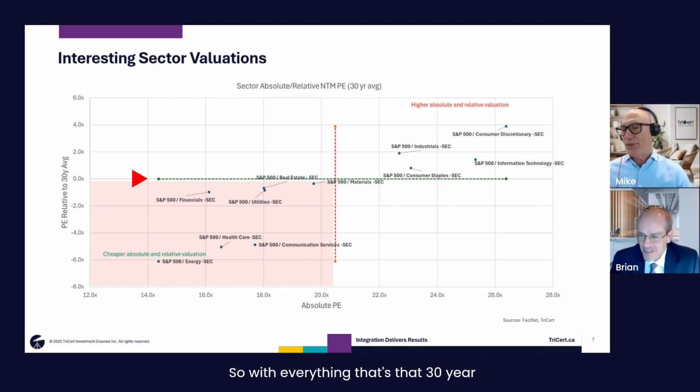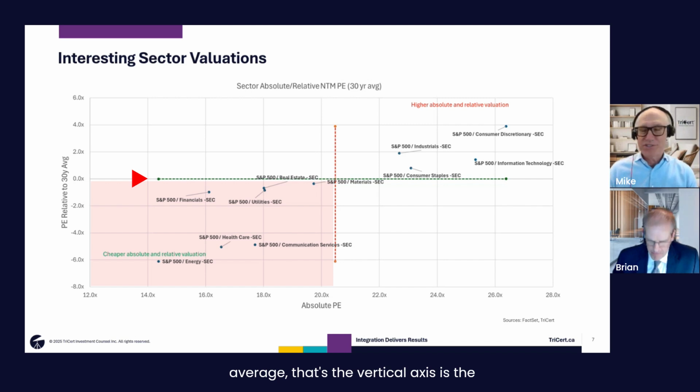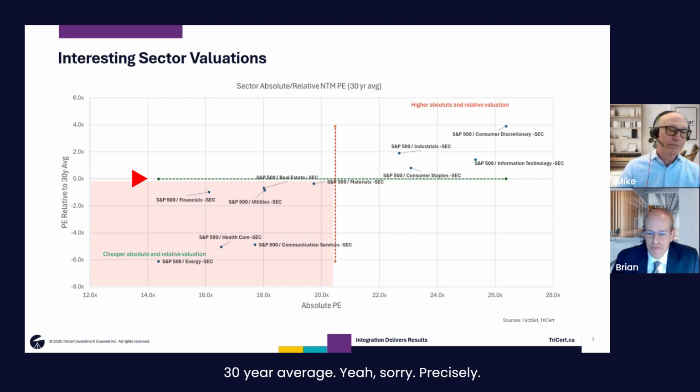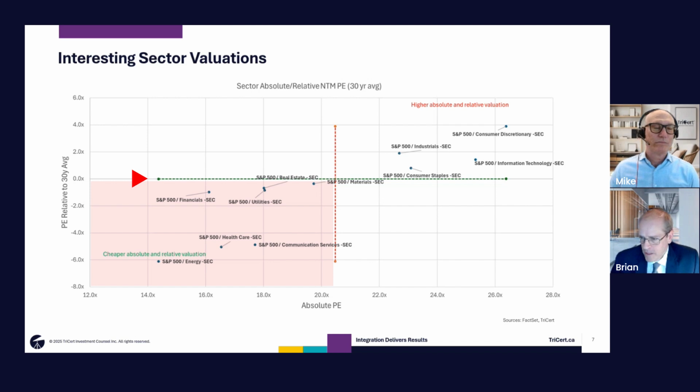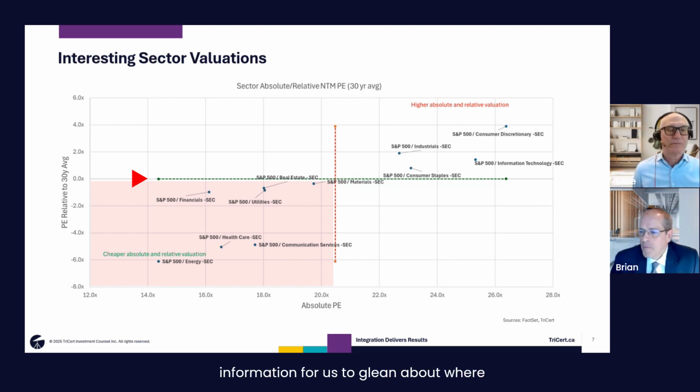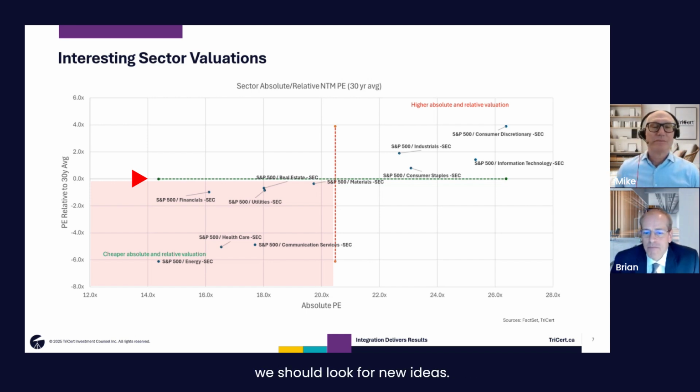So at everything that's here, that 30-year average. That's the vertical axis is the 30-year average. Yeah, sorry. Precisely. So normally, what that information would tell you is that the healthcare sector normally trades at a bit of a premium to the market. So now you can tell right away that, first of all, it's cheaper than the market, and it's materially cheaper than its historical average against the market. A lot for our listeners to swallow, but very insightful information for us to glean about where we should look for new ideas.